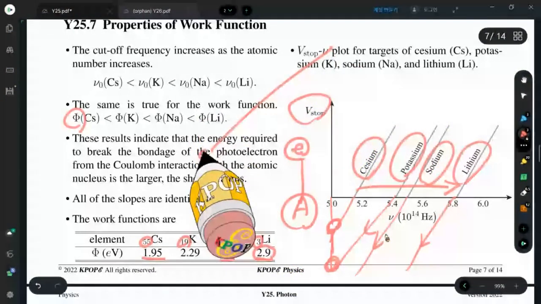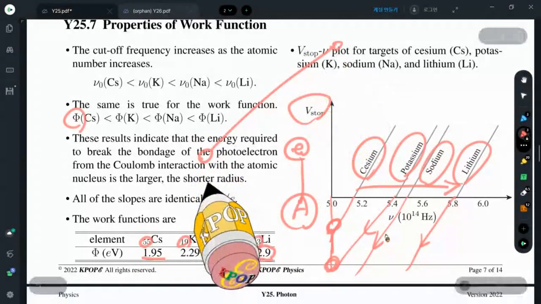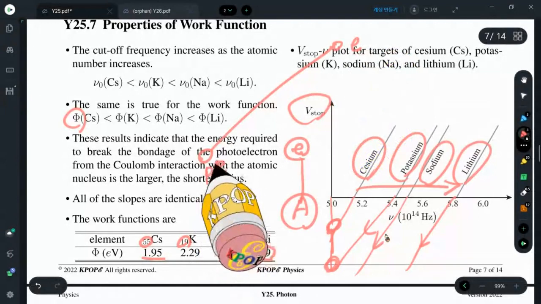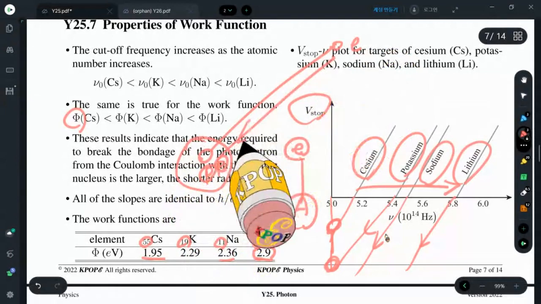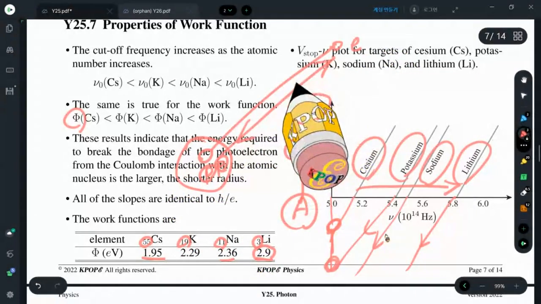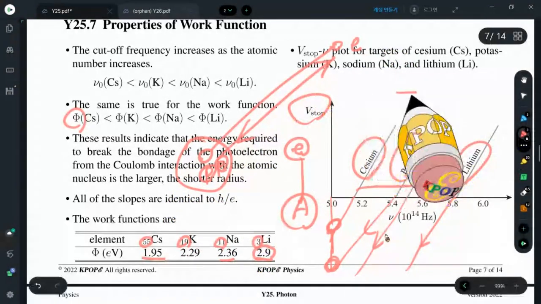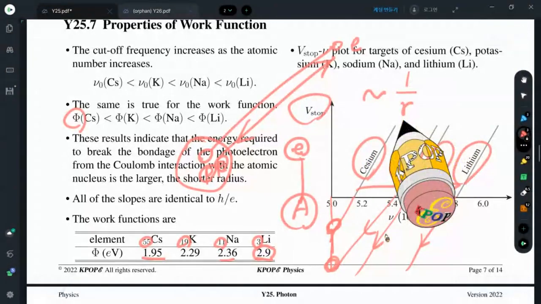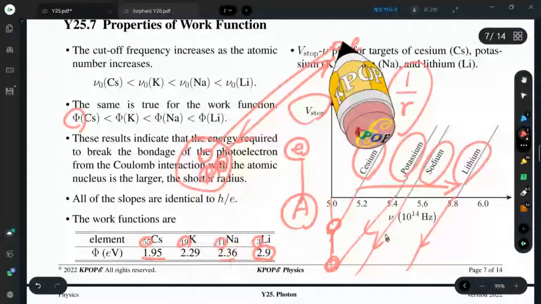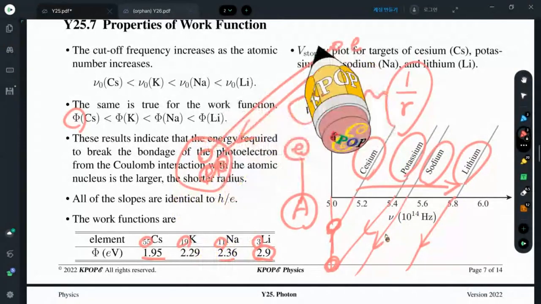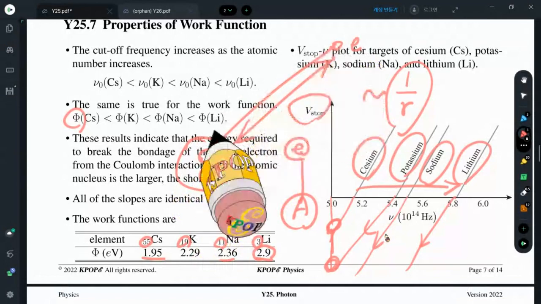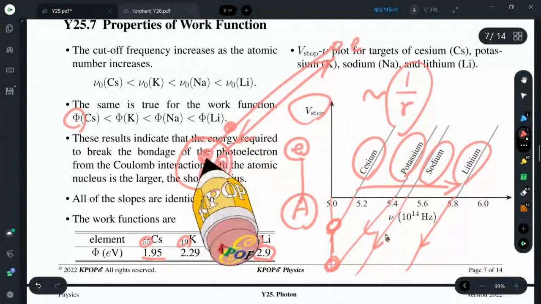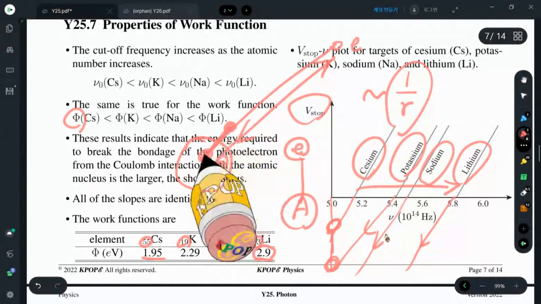So the average distance between the nucleus and the electron, the positively charged particles, you know, the electrostatic potential is proportional to 1 over r in magnitude. So if it is farther, the strength of this binding force is smaller than the strength of the binding force between the two that are very near.